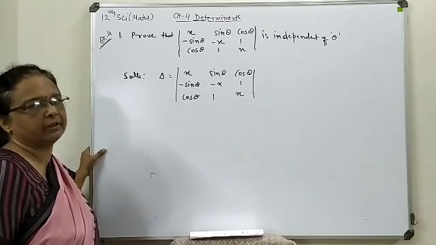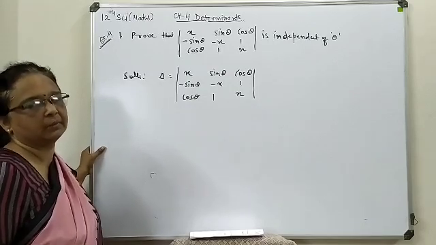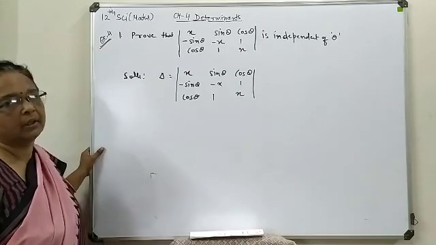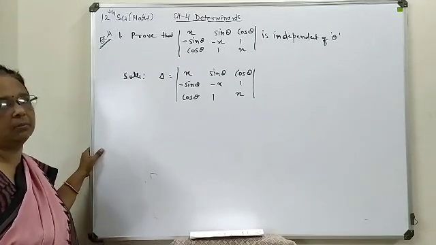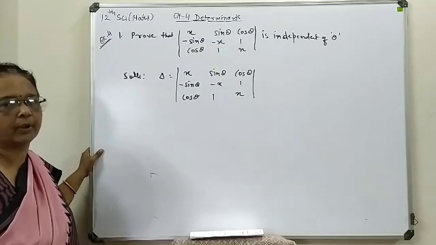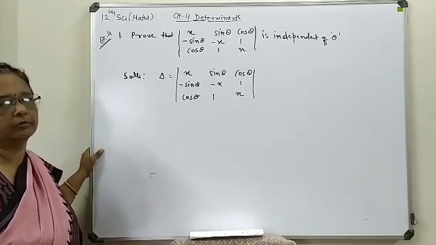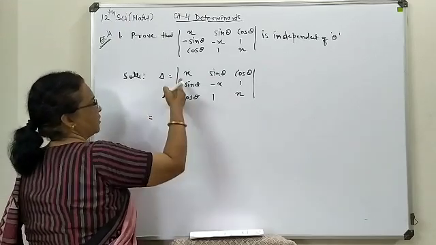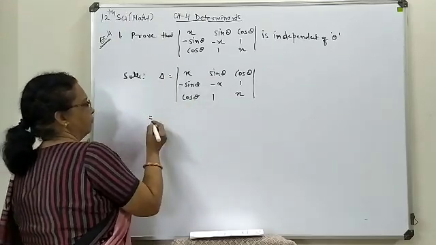Some terms are available with the x variable, some with trigonometrical terms. So it is not possible to make a reduced form by applying any property. So we will go directly for expansion of the given determinant. Let's start with the first row for expansion.